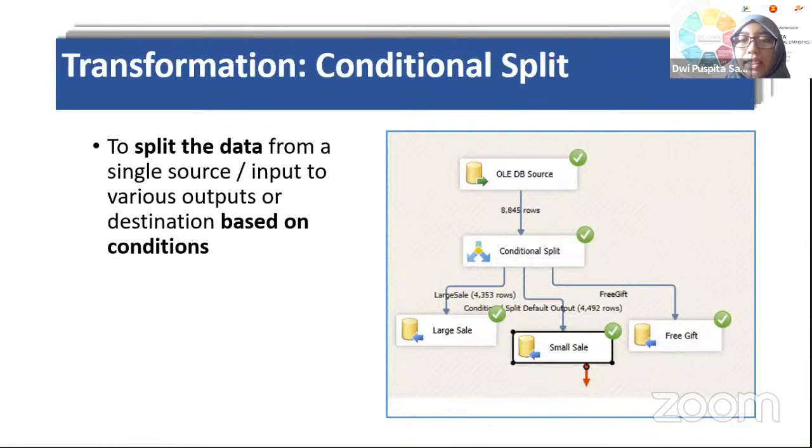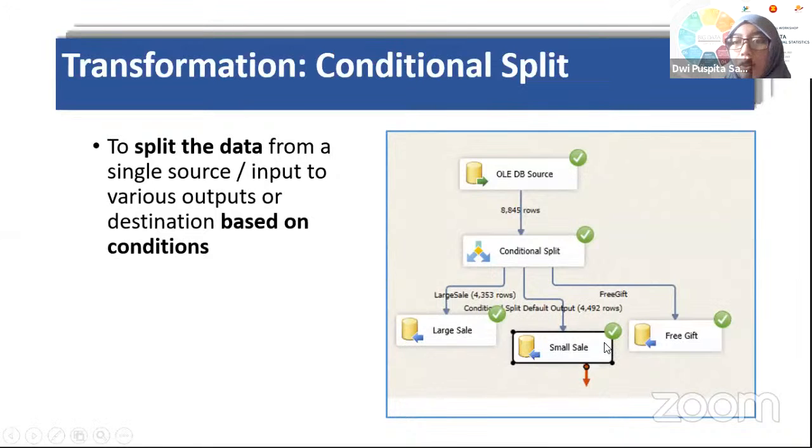This is about shopping data. You split it based on whether the sale is large scale: if the number of sales is large, you categorize it into large scale. If the number of sales is low, you categorize it into small scale.